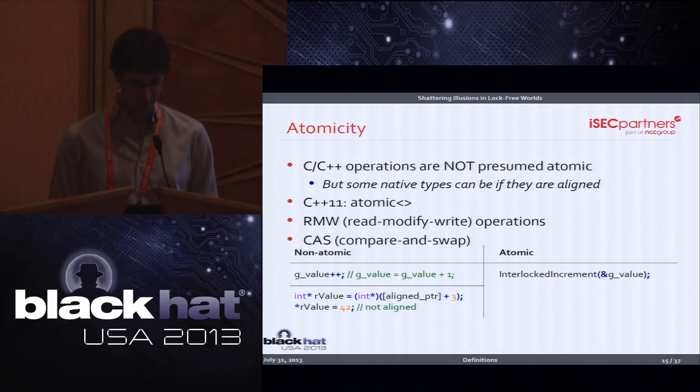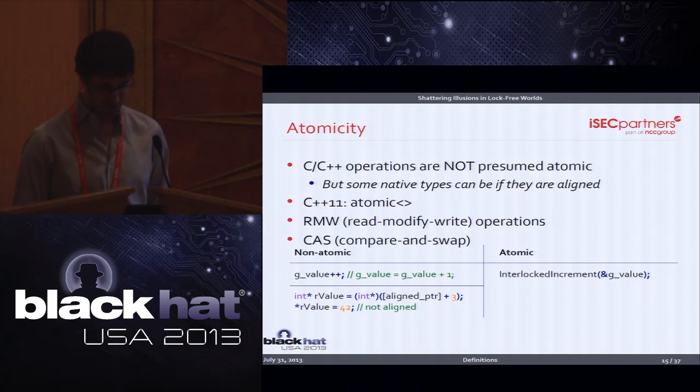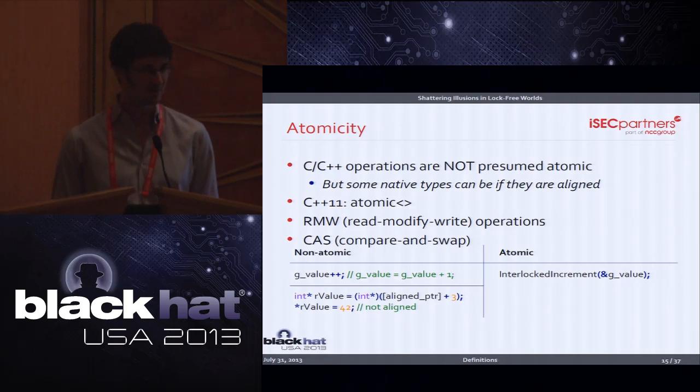So, for instance, a non-aligned read or write, like the example at the bottom here, or an operation that reads or writes more than 8 bytes on a 64-bit wide bus, is probably not going to be atomic. Another example of a non-atomic operation is a simple increment, which is actually 3 instructions: a load, an increment, and a store. So this cannot be atomic. To be atomic, you need to either use the atomic keyword from C++11, or use read-modify-write operations that usually allow performing several basic operations that will appear as atomic.